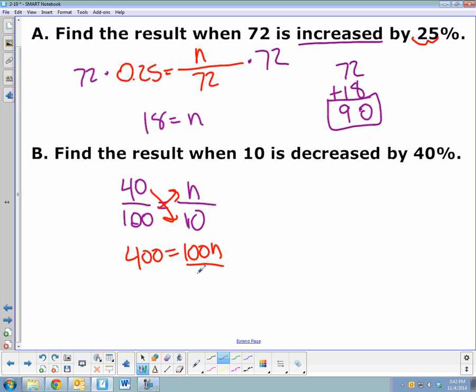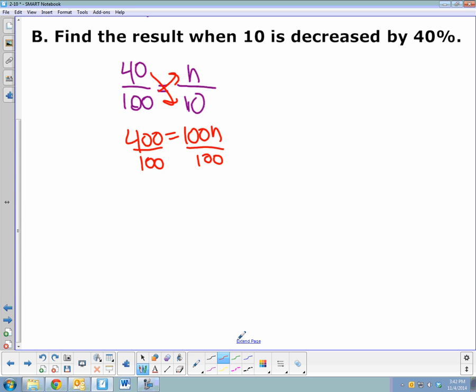If I divide both sides by 100 to get n by itself, I get that 4 equals n. But again, that's not my final answer. I want to find the result when 10 is decreased by 4. So the original minus how much it's changing, I'm going to get the result of 6.